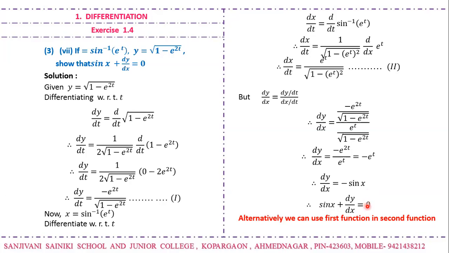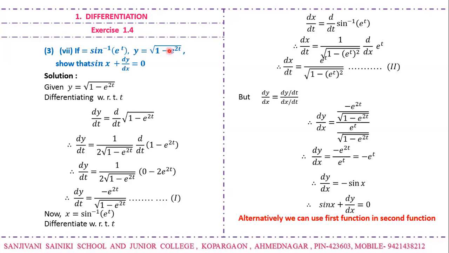Again, an alternative method we can use for this problem. We can use the first function in the second function. How to use the first function in the second function? Because just now x is equal to sin inverse of e raised to t, so e raised to t can be written as sin x. So what is the second function? y is equal to square root of 1 minus e raised to 2t.